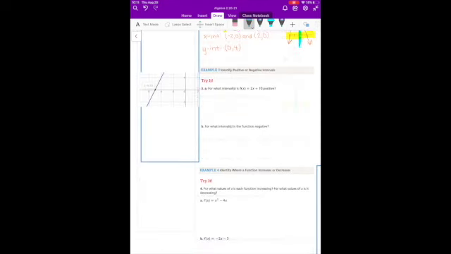You got this. All right, example 3, positive and negative intervals, okay? So to be positive, we're talking about when the y value is positive. Well, the y value is positive on a graph anytime it is above the y-axis. So notice this is above the y-axis.